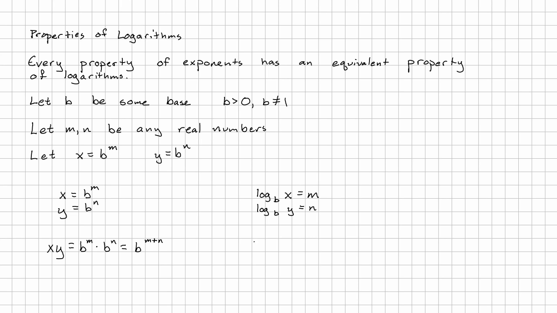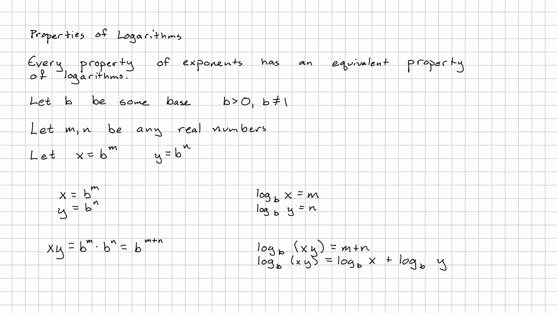So that means if we take the log base b of x times y, that's going to be m plus n. In other words, the log base b of x times y is the log base b of x plus the log base b of y.